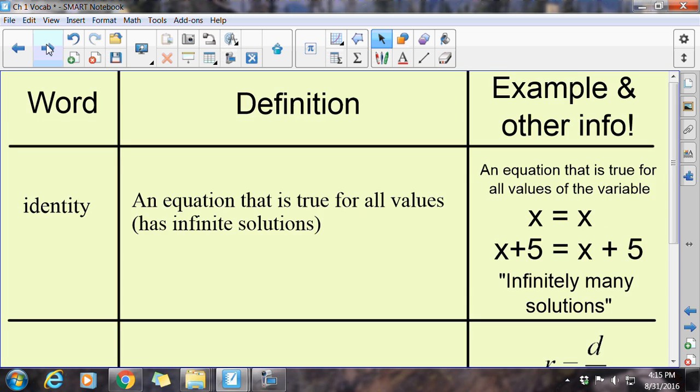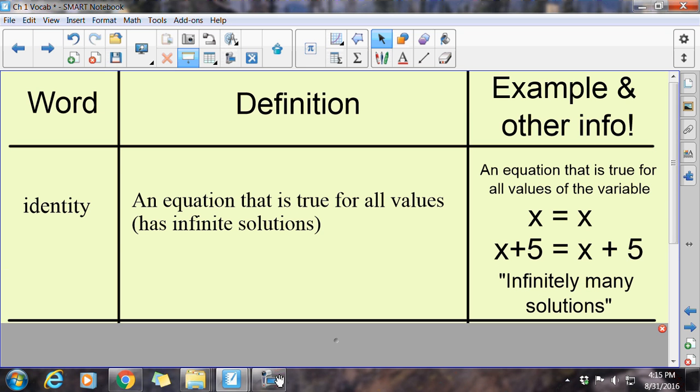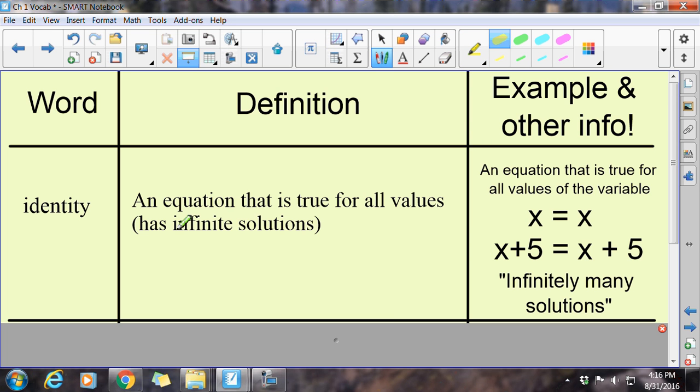Okay, hit pause if you need to. Two more. Identity. An identity is an equation that's true for all values. It has infinite solutions. So there's a couple of things going on here. When you're solving equations, sometimes you'll get what's called an identity.